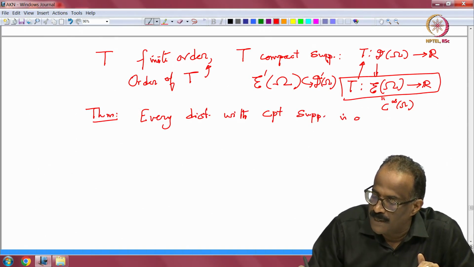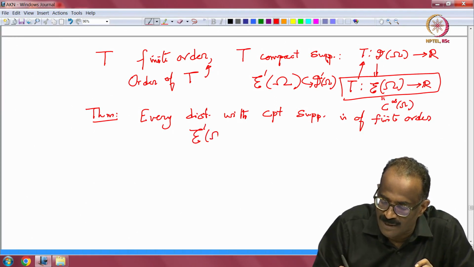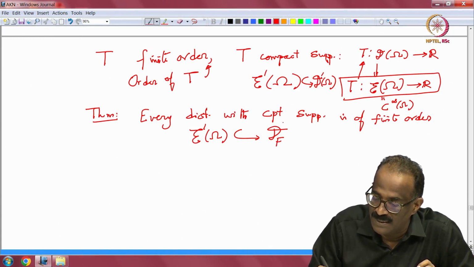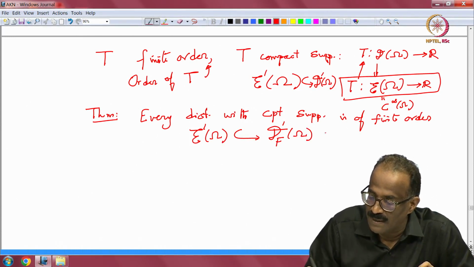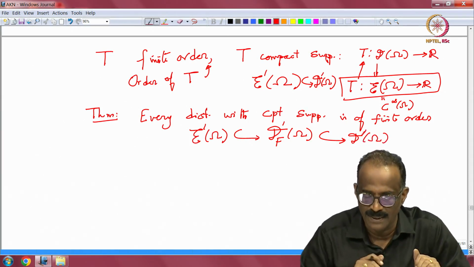This basically means that distributions with compact support are identified this way, and this is contained in the finite order distributions, which is given by D prime F. These are all strict inclusions, and this will be in D prime. So, you see you have all these inclusions very clearly.